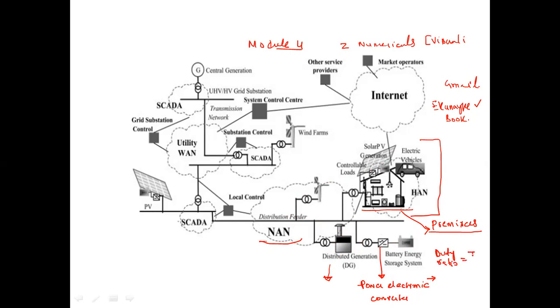Duty ratio is T on by total, T on plus T off. The duty ratio value is between 0 to 1. Suppose I set the duty ratio as 2D minus 1.